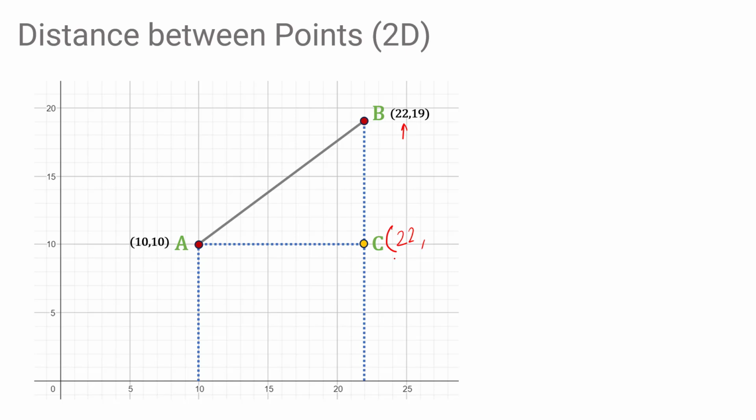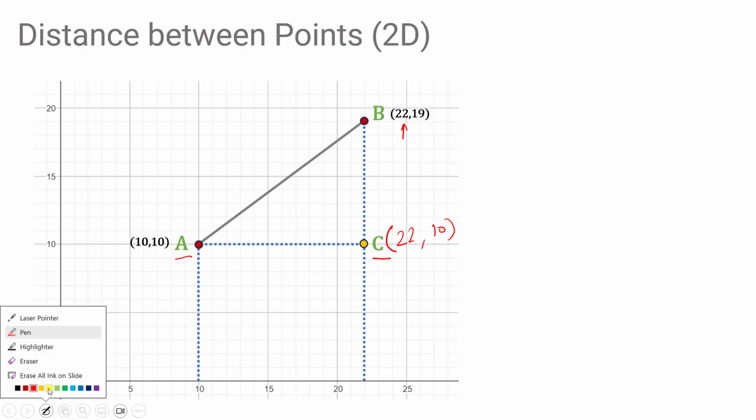Also notice that point C is at the same height as point A, so the y coordinate of this point is going to be the same as the y coordinate of point A, which is 10. Thus, the coordinates of point C are going to be 22 and 10.